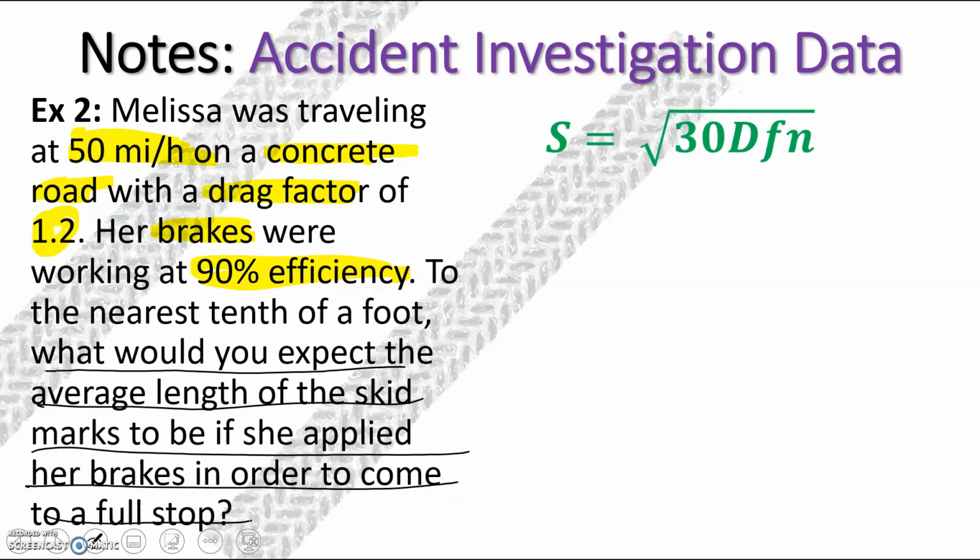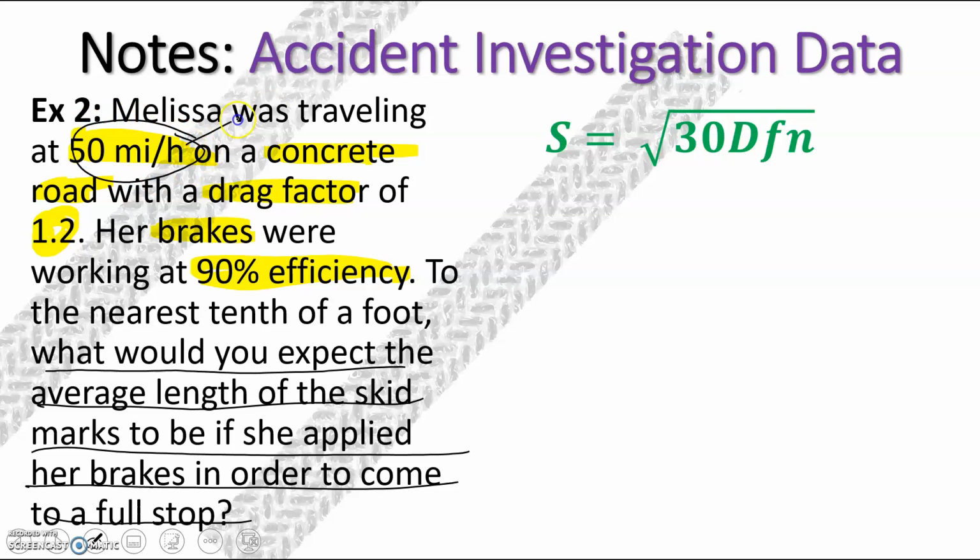All right, so remember, we know that S is equal to the square root of 30 times D times F times N, where S is our speed, D is our skid distance, F is our drag factor, and N is our braking efficiency. So what do we know?